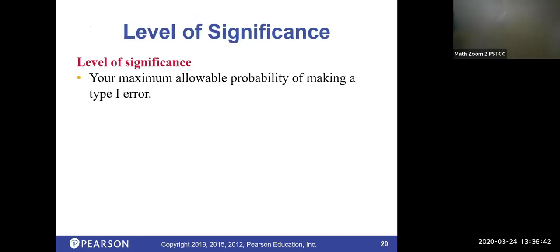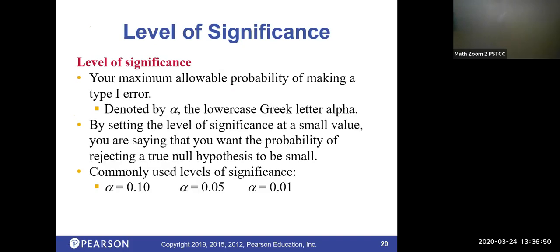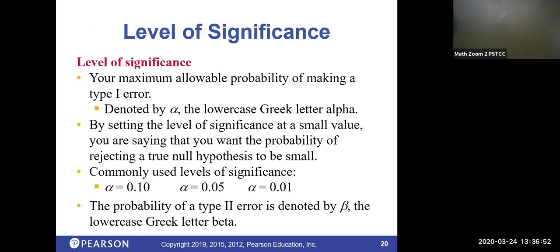Okay, level of significance: the maximum allowable probability of making a type 1 error. This will change from problem to problem. We have this Greek letter alpha here. Like confidence level, the alpha value varies on how small you want the probability of an error to be.